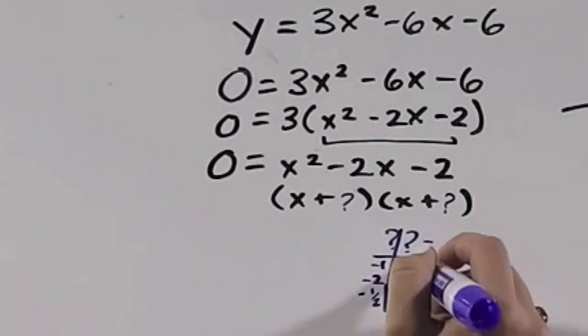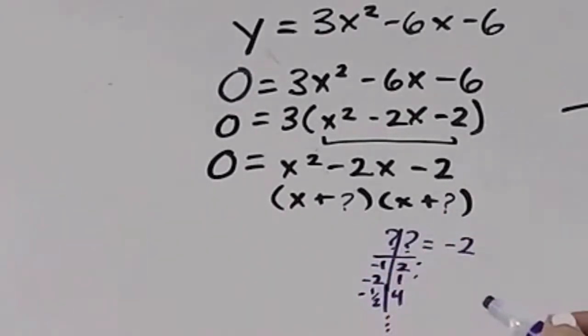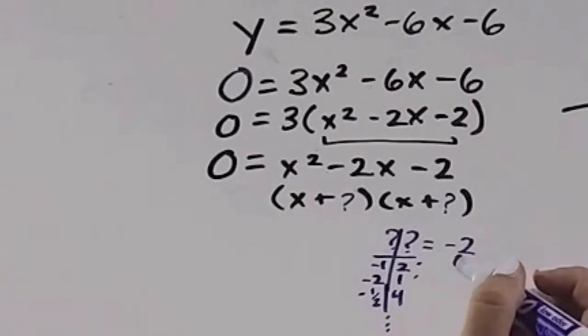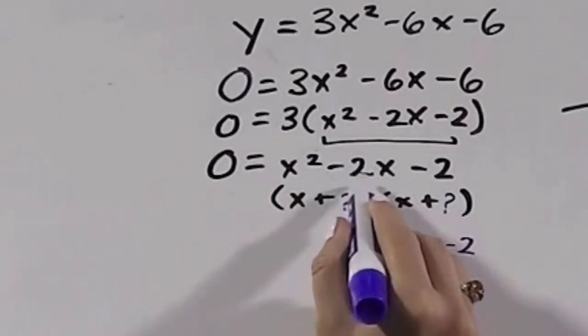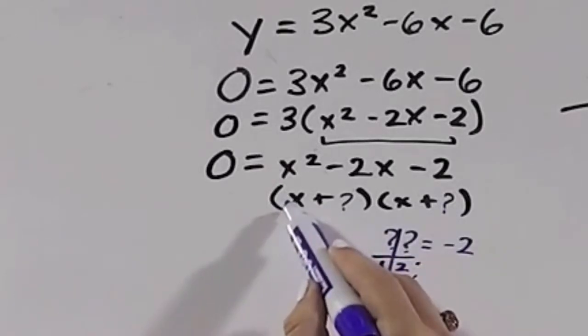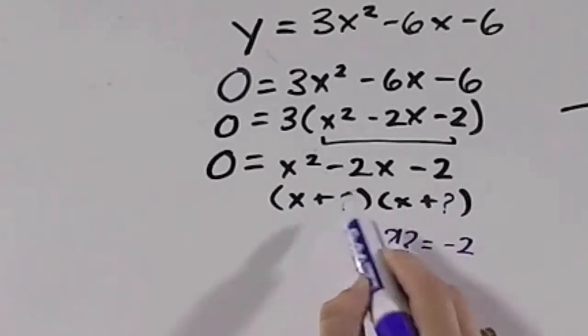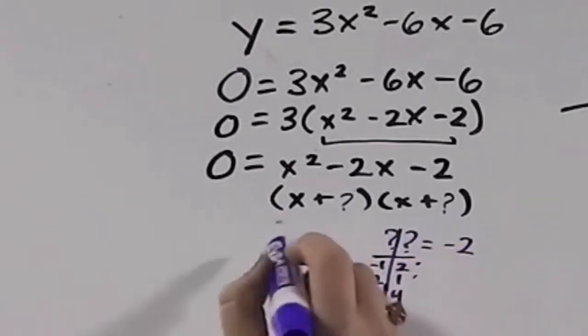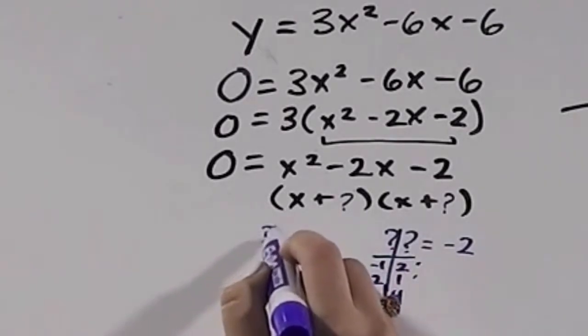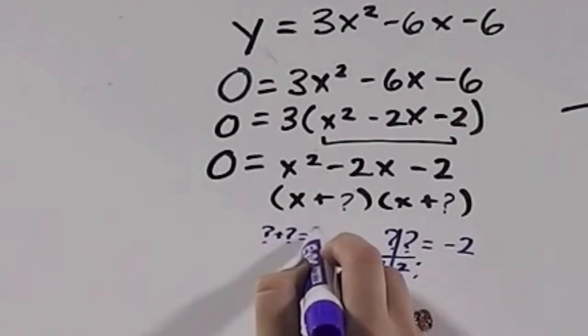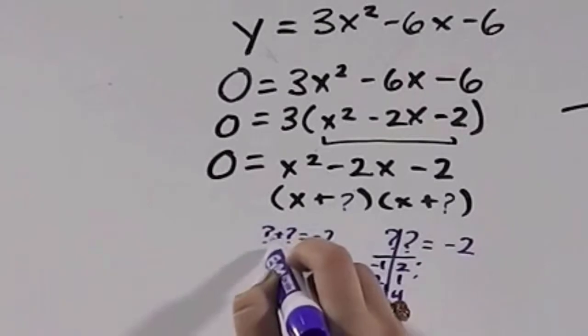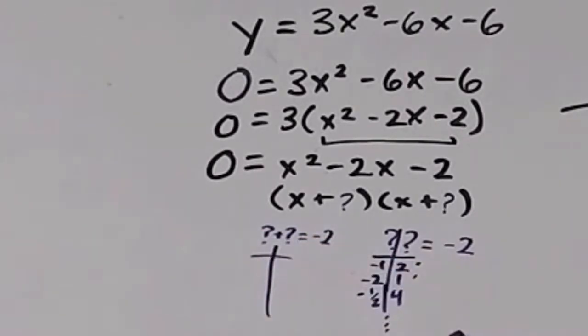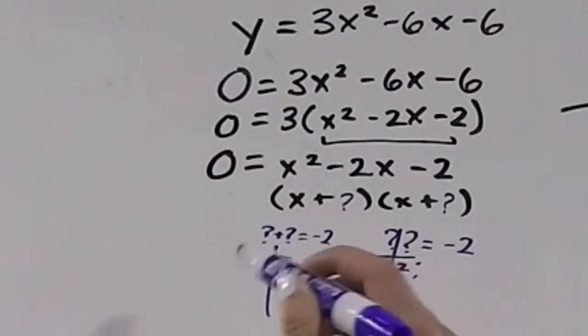But let's just think about these two here for now. In the middle section, you have question mark times x plus question mark times x equals -2x. So that means that question mark plus question mark has to equal -2 as well.